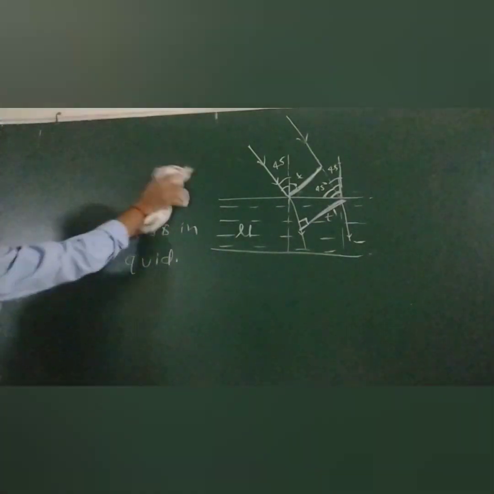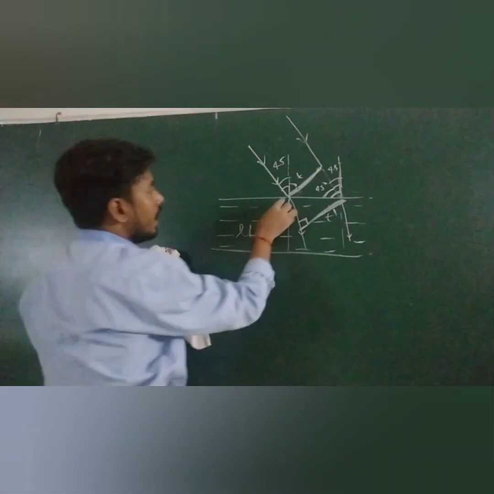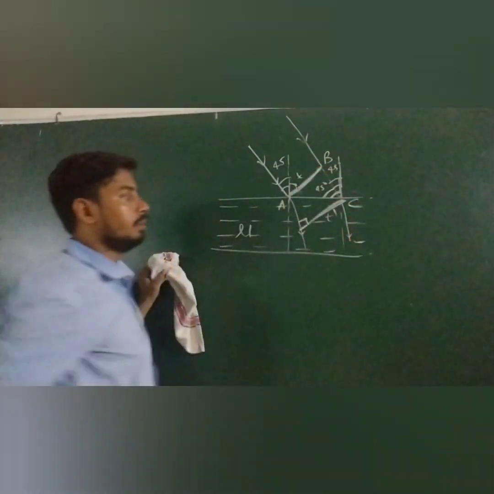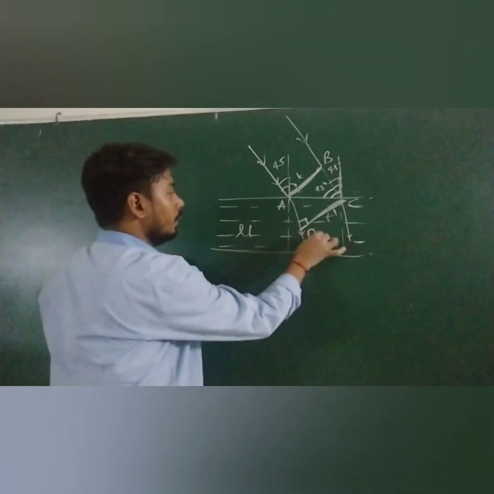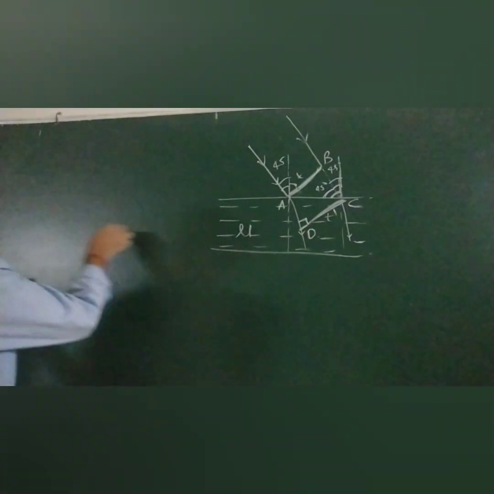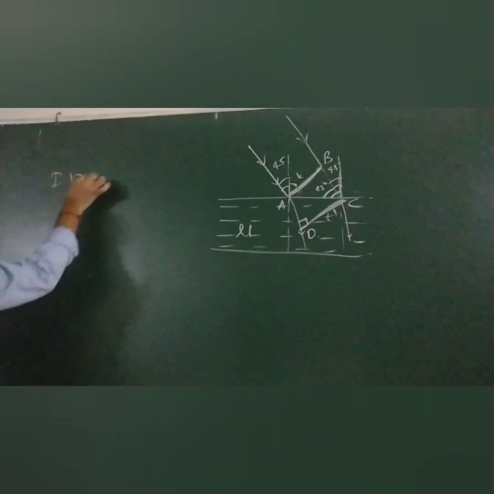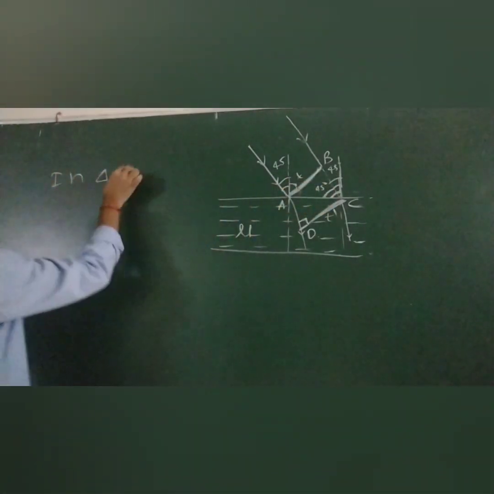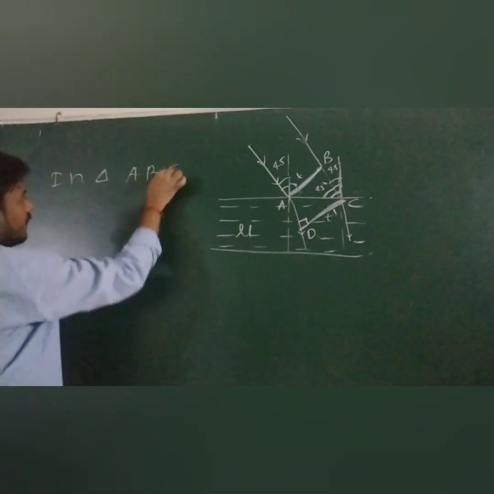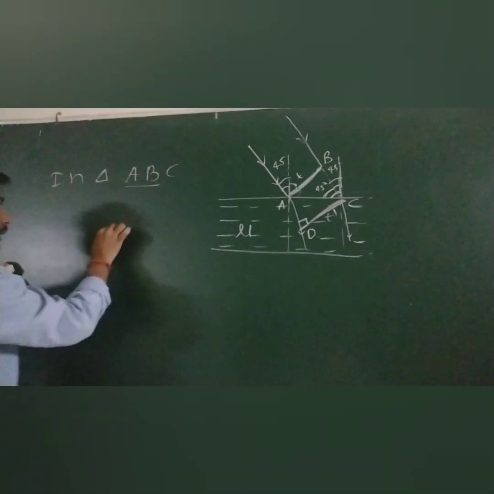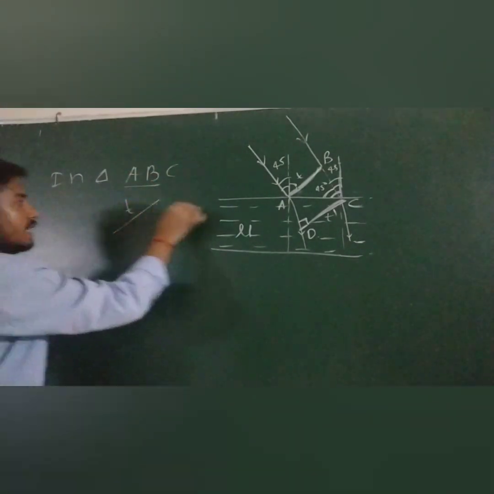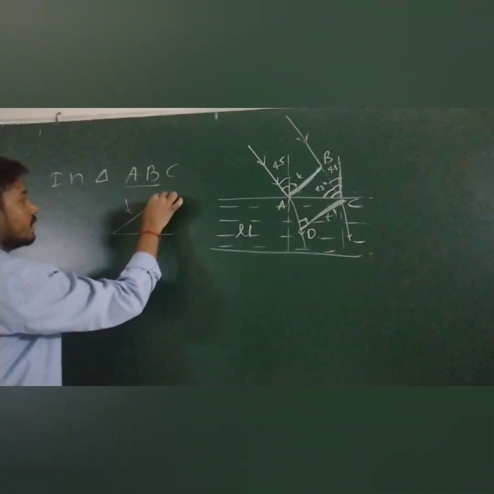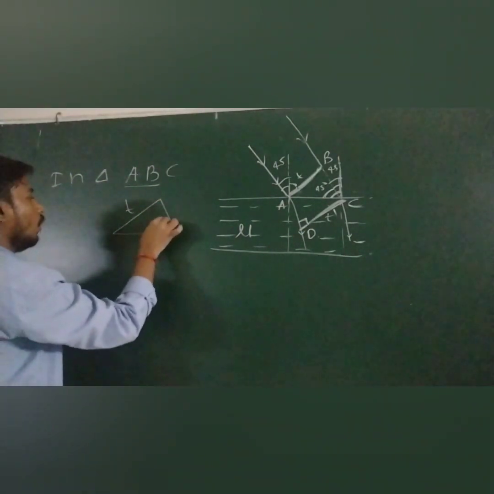Now just give the names. Suppose this is A, this is B, C, and this is D. Look in triangle ABC. Here this is T, the thickness given, and this is 45 degrees.